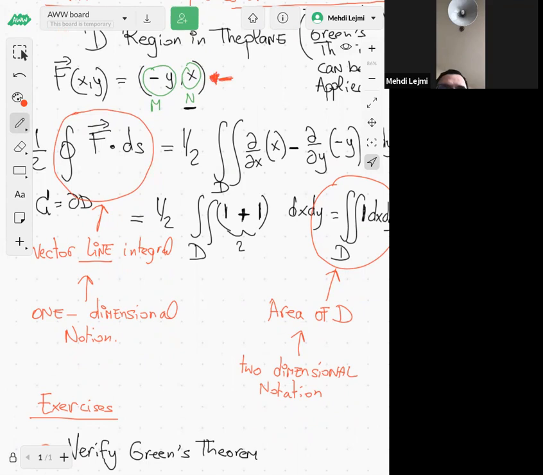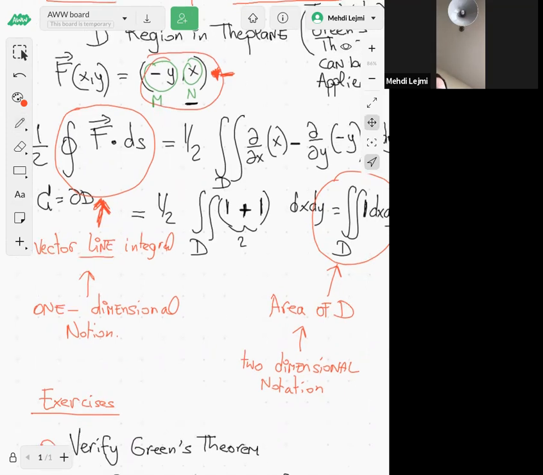So if you want to compute the area of some region D, all you have to do is to evaluate this vector line integral along the boundary of D, right? Using this vector field F.